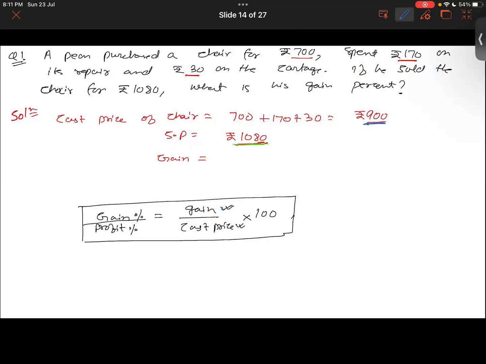We need gain. Gain is selling price minus cost price, so that is 1080 minus 900, which gives you 180. Now calculate it and tell me the answer, or you can send your answers in the chat box.